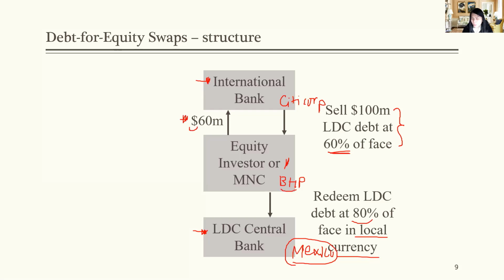But when they recoup the money from the debtor country, they allow the debtor country to pay back in their local currency, right? So in this case, the debtor country pays back an equivalent of $80 million to the company in the local currency.